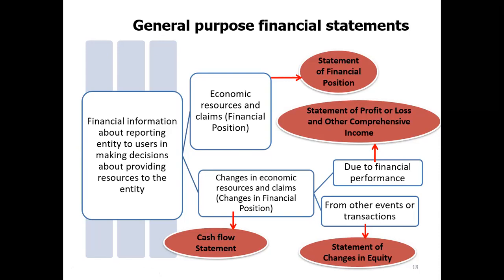Through which do you communicate that? You communicate it through the statement of financial position. You know that. When it comes to the general purpose financial statements, one of the main statements is the statement of financial position. There we communicate the asset, liability, and equity information.